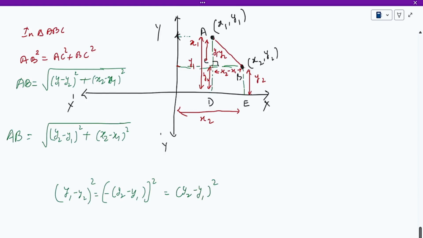So let's say I'm taking an example. Suppose we are given a point A. Always the coordinate of a point is written like this. For the name of the point, we generally use a capital letter.